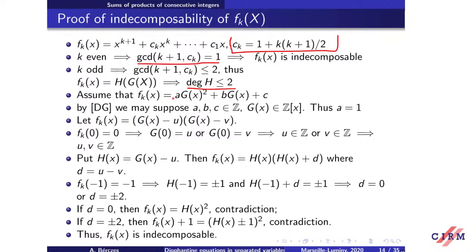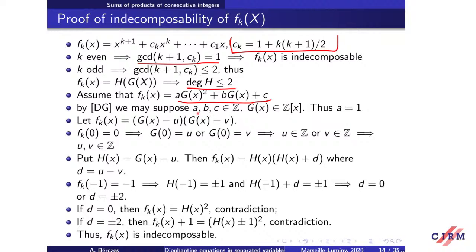Now, h of g of x looks like this. And clearly now, this is a decomposition of the polynomial fk of x. But by the theorem of Dujella and Gusić, we know that if it has a decomposition over the complex numbers, it has a decomposition over the integers.